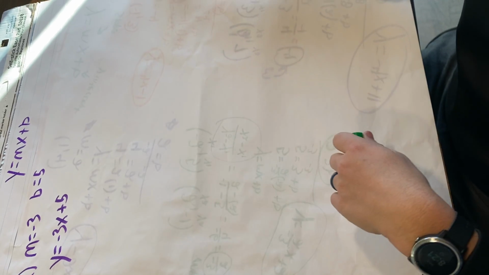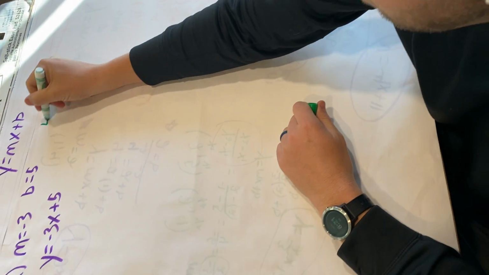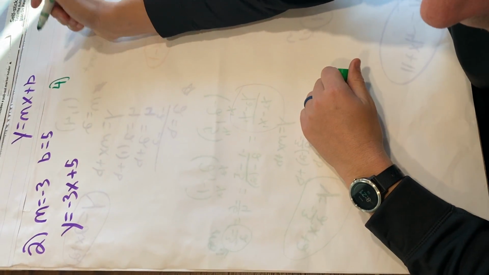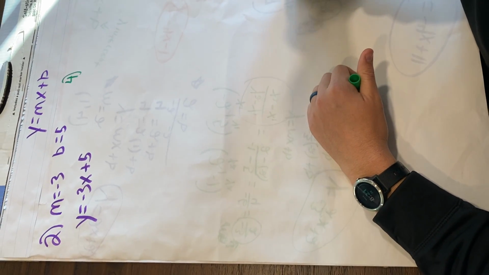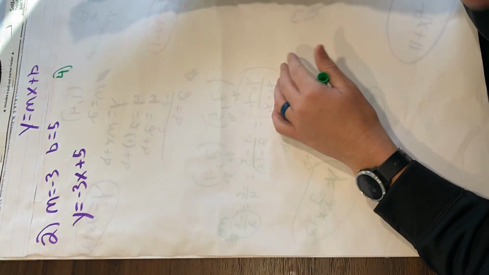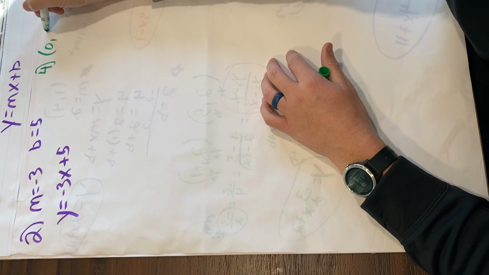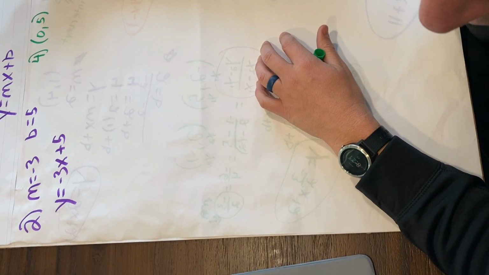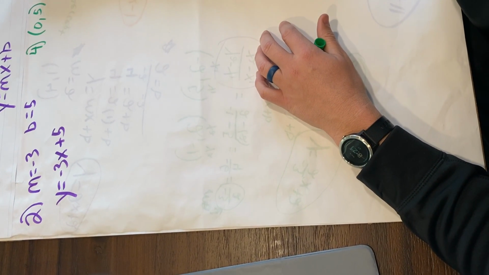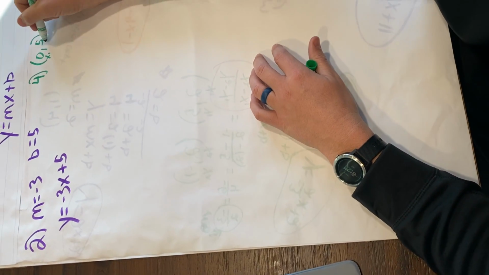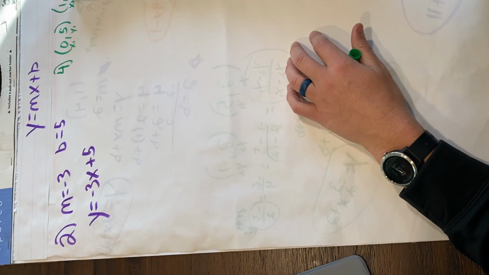Number 4, there's two ways to do this. In order to find slope, we could use rise over run, or we could just use the way we've been using. (0, 5) and (1, 0) are our points. So we're going to use x1, y1, x2, y2.